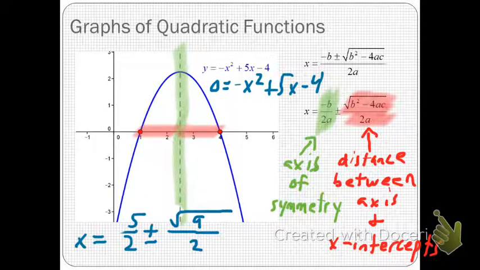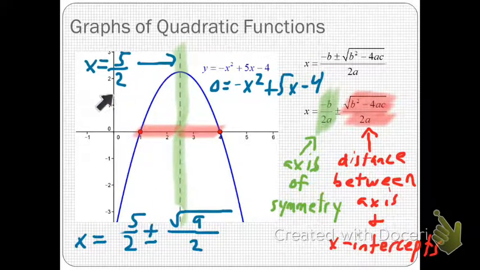The opposite of b is -5, a is -1, so twice a would be -2, and -5 over -2 would be the same as +5 halves. And look at the graph. The axis of symmetry is the vertical line, x equals 5 halves.